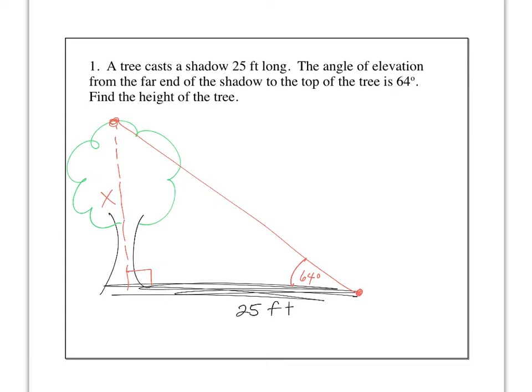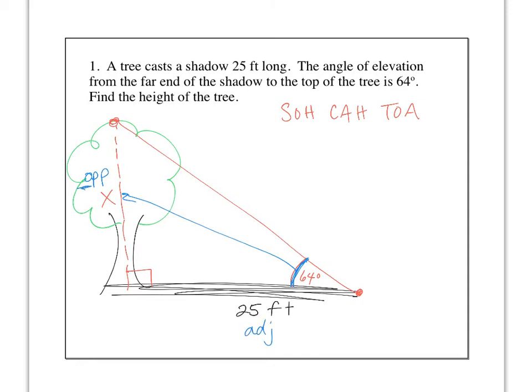So think about SOHCAHTOA. All right, we're going to be using SOHCAHTOA. And start with the angle that you're given. In this case, it's 64. Remember, never use the 90. The X is across from the 64, so that's opposite of the 64. And the 25 is right next to it. It's the adjacent.